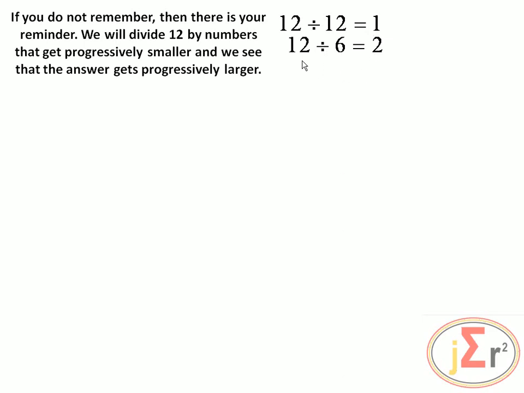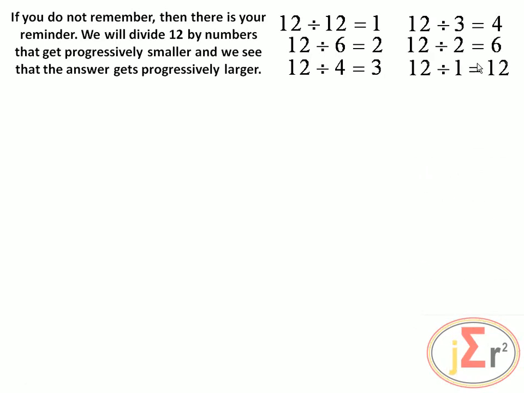And if we choose a smaller number than 6, which is 4, notice that if we divide by a smaller number than 6, then the result will be larger than the previous answer. And if we continue dividing by a number that is smaller, then the answer will get progressively larger, as we have right there.